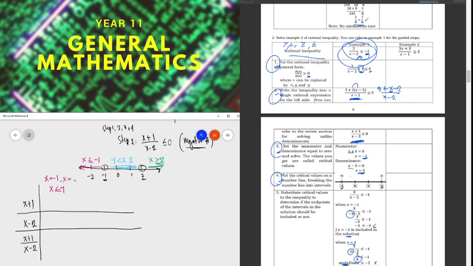Say for example, we have negative 5. Why did we use negative 5? Because negative 5 is located here. Negative 3, negative 4, negative 5. You can use negative 10 and so on, as long as it is less than negative 1.